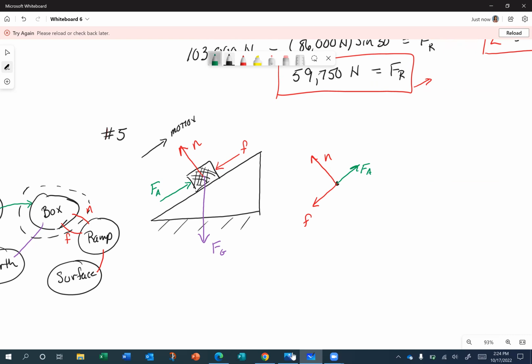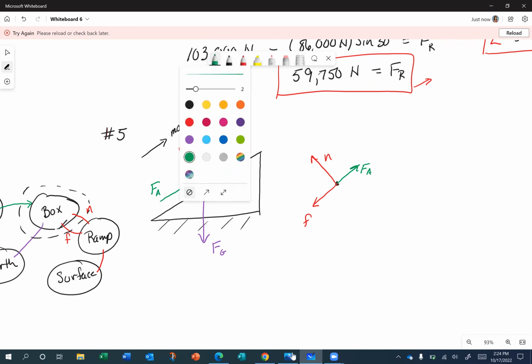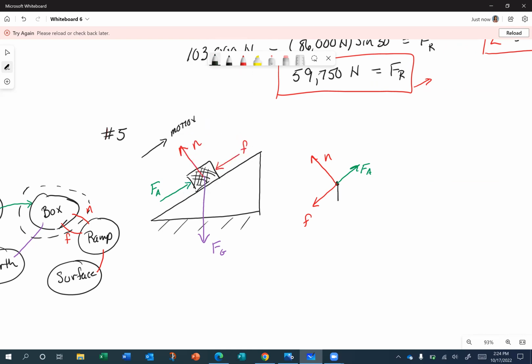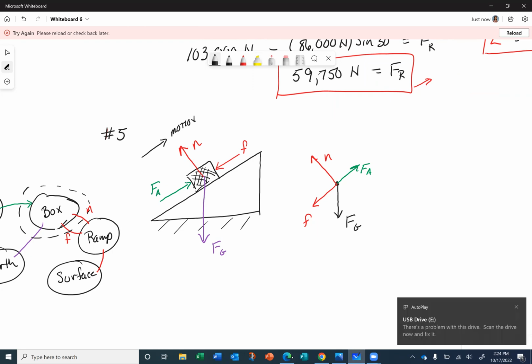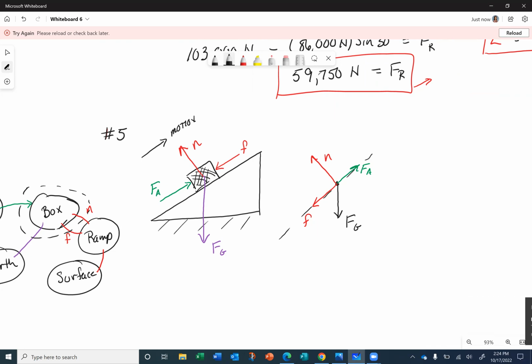The weight always acts straight down, right? So taking a look at all those forces, you can clearly see, just like the airplane problem, they are not all in the X and Y direction, right? So if we choose this direction of motion to be our X and this direction to be our Y, then it's the force of gravity again that is giving us the issue.